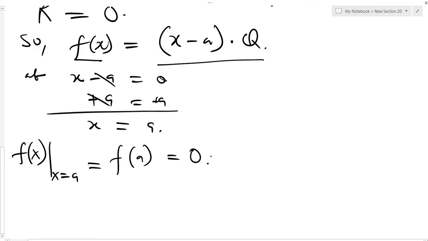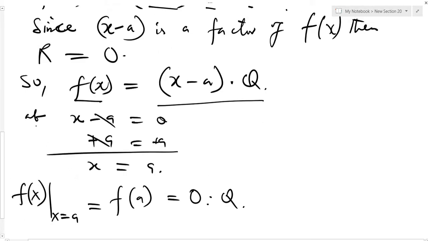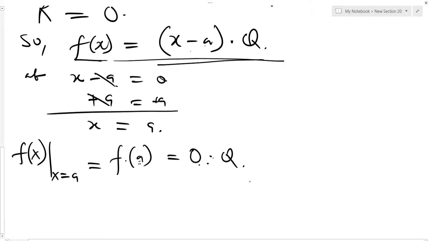Is equal to 0 times q, because now if you substitute x equal to a in this expression, so you have f of a. If you put a here, a minus a is 0, so 0 times the quotient is equal to 0.